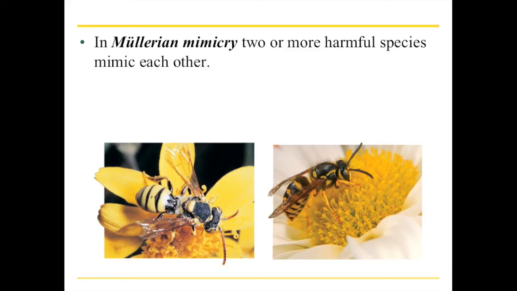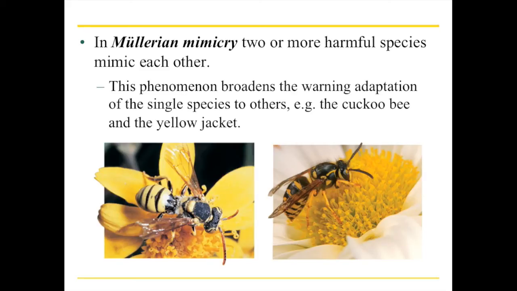And that's Mullerian mimicry. In this case, you have the cuckoo bee on the left and the yellow jacket on the right. Now, they both can sting, so they are both harmful in that sense. But if you know anything about bees, when they sting, they actually leave their stinger behind, right? And so they sacrifice themselves for the group, if you will.